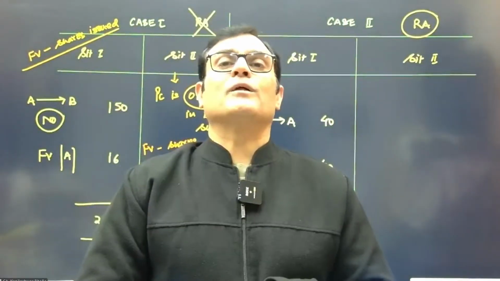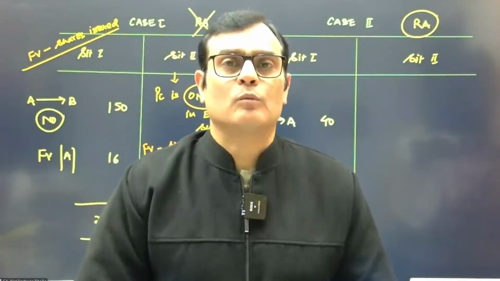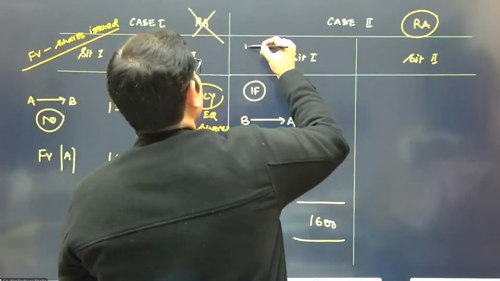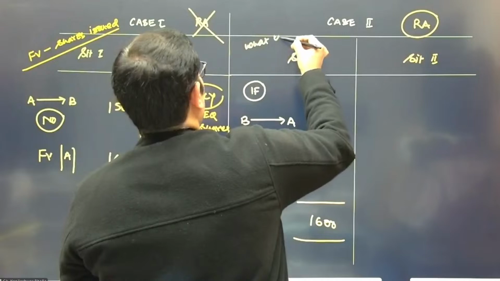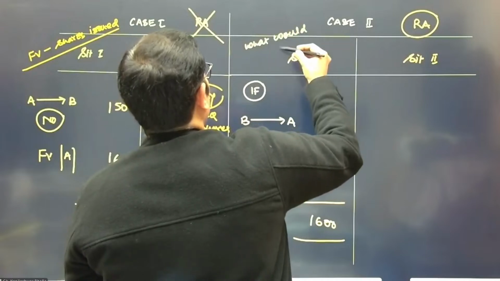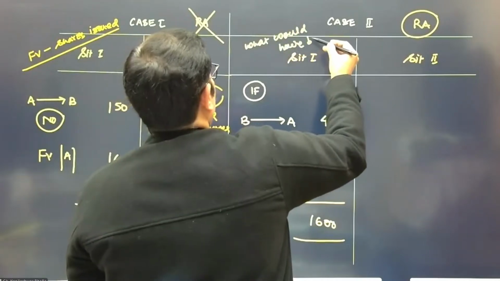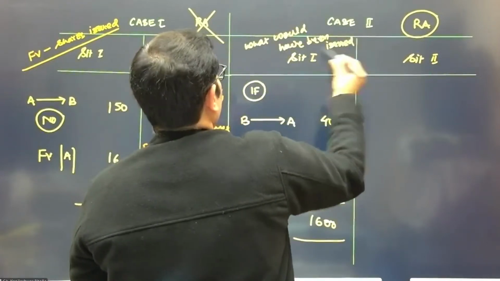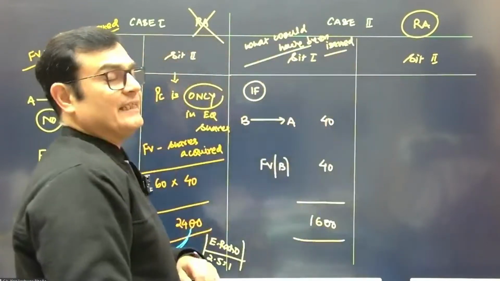Because I need to see what is acquired, not what is issued. This is what would have been issued to the shareholders of A.